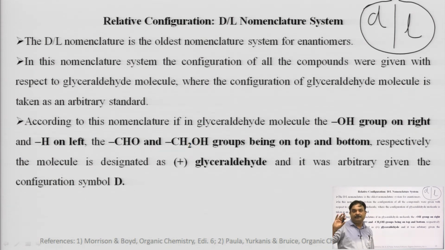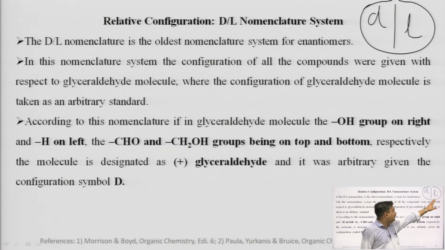If the plane polarized light rotates to the right side, it is termed small d or plus. If the molecule rotates the plane polarized light to the left side, then the molecule is termed L or minus.